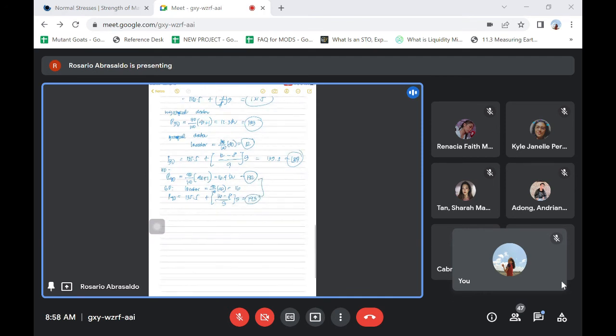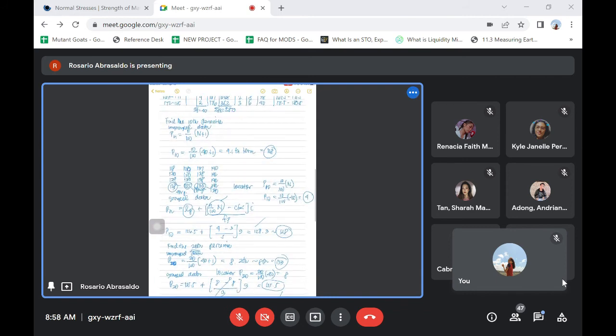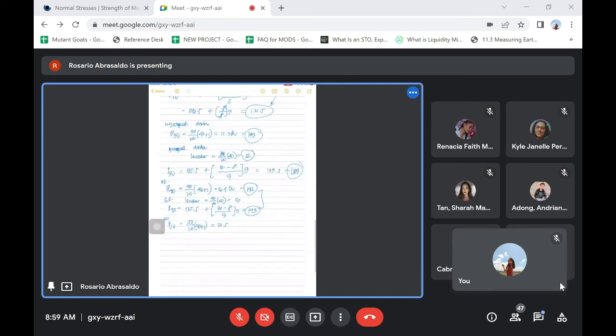Okay. How about P sub 50? So, and group data. So, 50 over 100 times 40 plus 1. So, nag-1 siya og 20.5. So, ang 20.5 nato, 143, 146, 147, 147, no? 147.